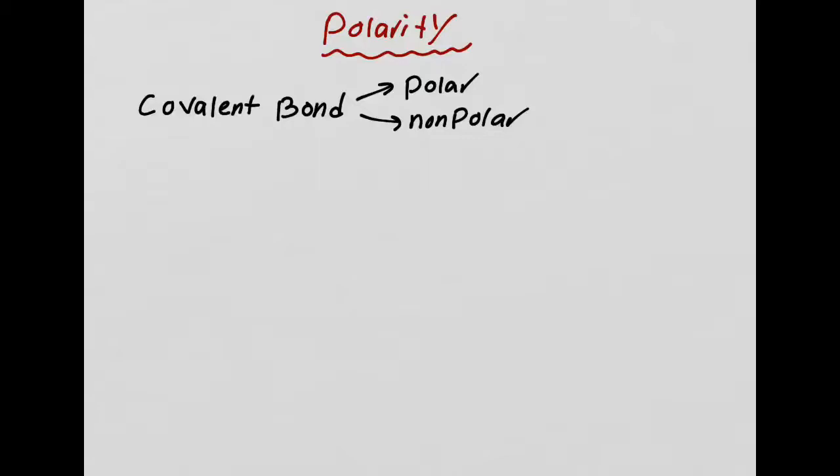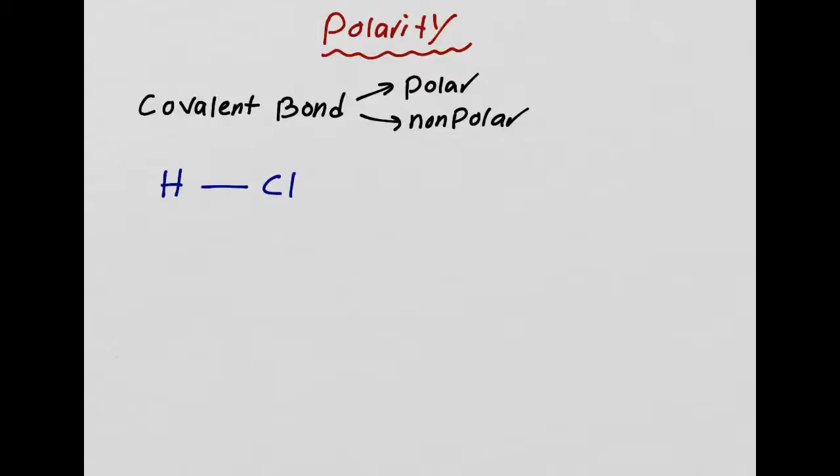If you remember, we said if you have a covalent compound, the covalent compound could be polar or it could be non-polar. For example, if I have HCl, okay, so H versus Cl, which one has a higher EN value? Cl has a higher EN value, is more electronegative.